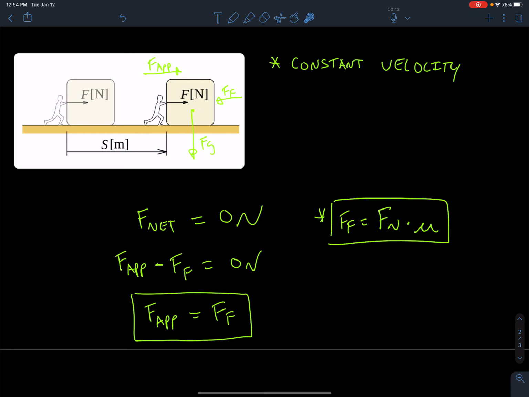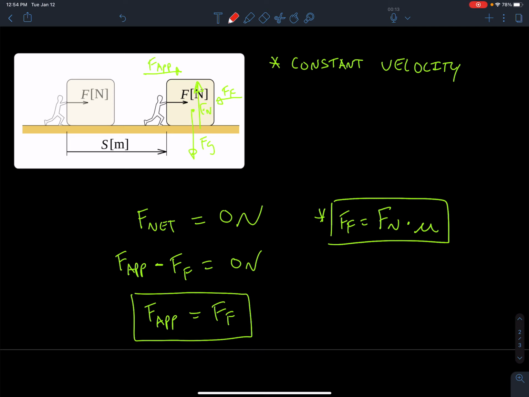And the normal force in this case is equal to the force of gravity. So just take a step back and review friction from when we were doing those calculations. For this person to slide that object at a constant velocity, he needs to apply the force of friction, which is going to be the normal force times mu. So let's put some numbers in here.